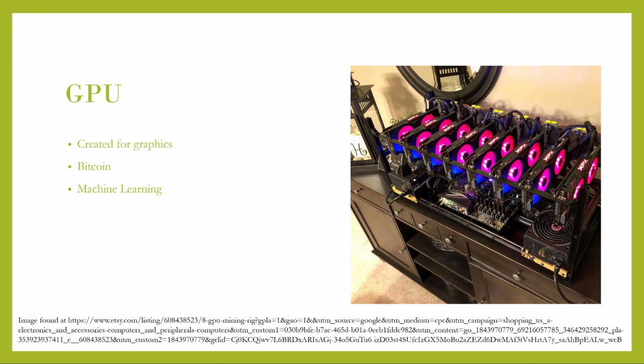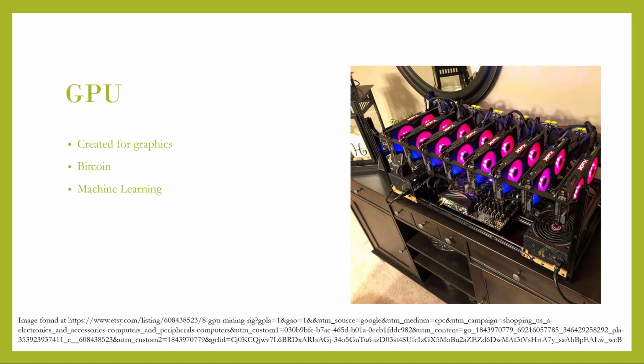I think the machine that I have pictured here is for data mining, or I believe specifically for Bitcoin mining. Oftentimes with Bitcoin mines, they'll have rows and rows of GPUs that are being used to do a bunch of different calculations at once.